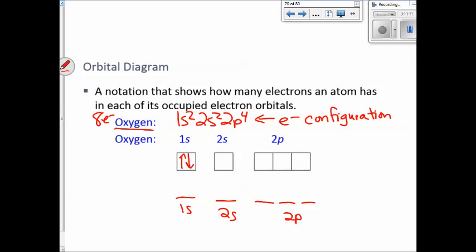Then we move on to the 2s, filling its energy level completely before moving on to the 2p. And that's where the last 4 go. Now we have to follow Hund's rule. 1 goes in each first before we pair up that last one. Okay? So keep that in mind.